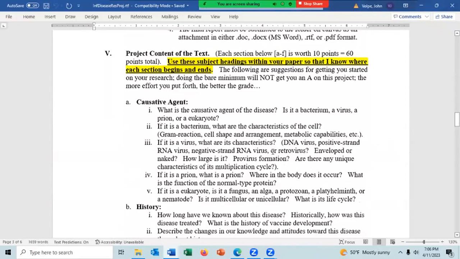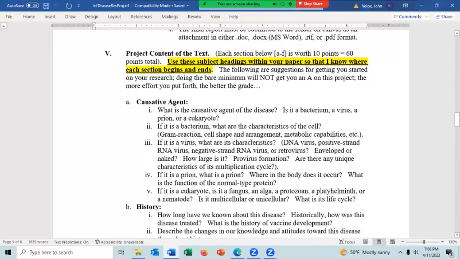The causative agent, it depends if it's a bacterium or a virus or a prion or a eukaryote like a fungus. And you have to state specific information about what the agent is. What's the causative agent? If it's a bacterium, you should say some characteristics of the cell, whether it's gram positive or gram negative, its cell shape, the cellular growth arrangement, some metabolic capabilities, and anything unique or special about that organism.